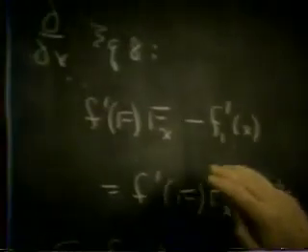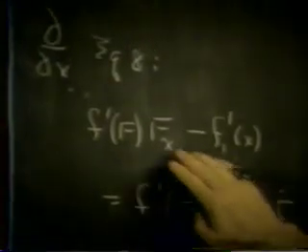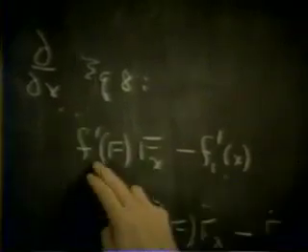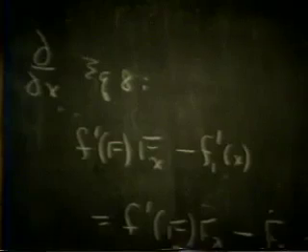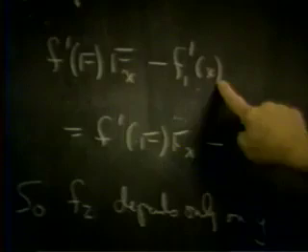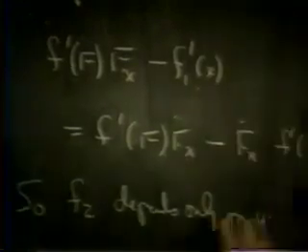Now, if I look at f2, which is expressed this way, I need to show that it's a function only of y. So what I do is take the partial derivative of it with respect to x, and that is given by this, and this in turn, what I now have to do is take this expression and compute its derivative.